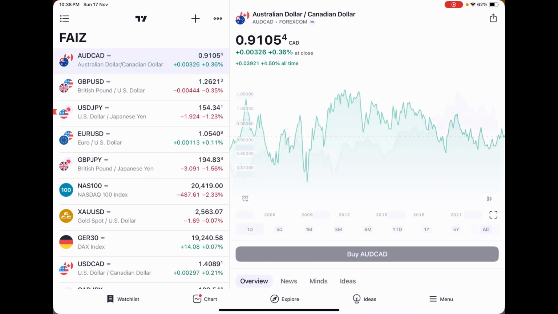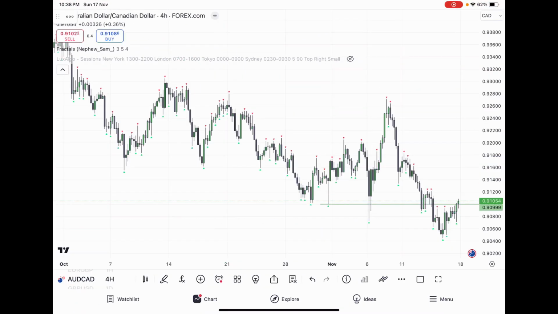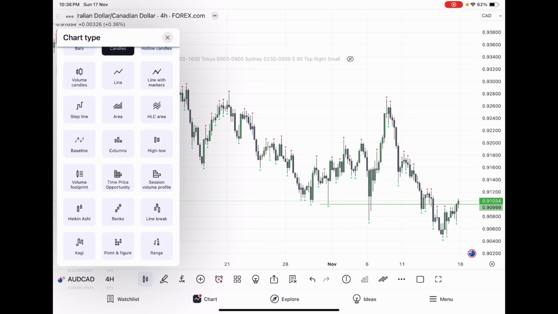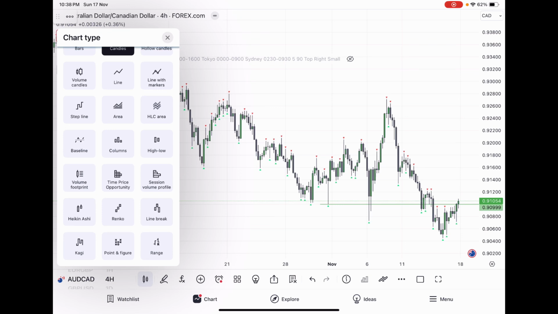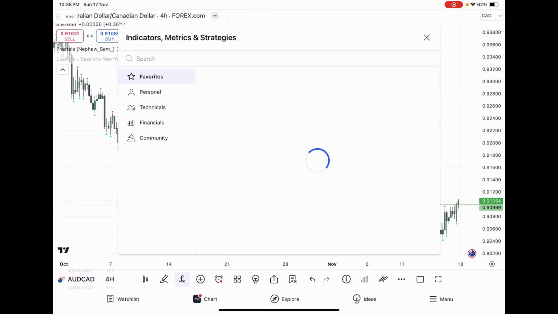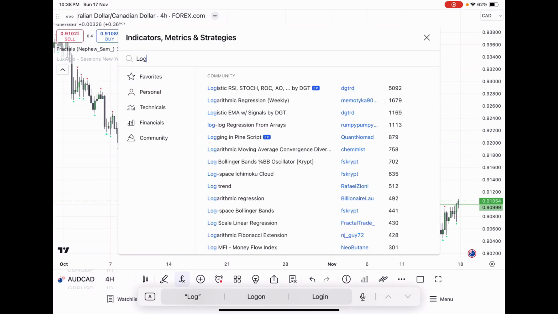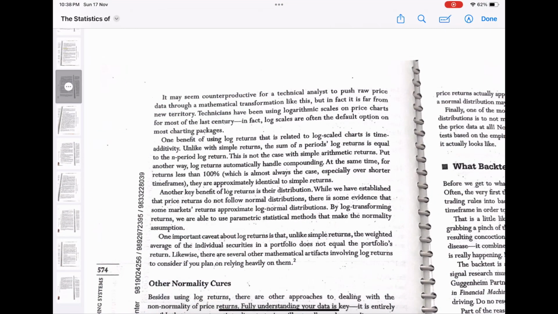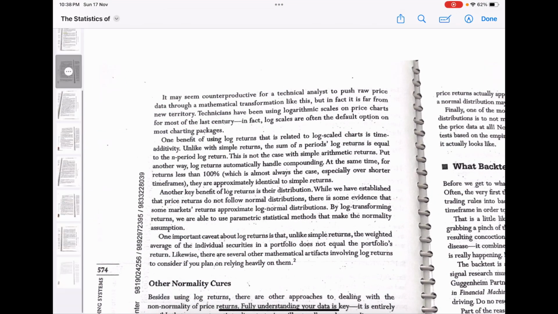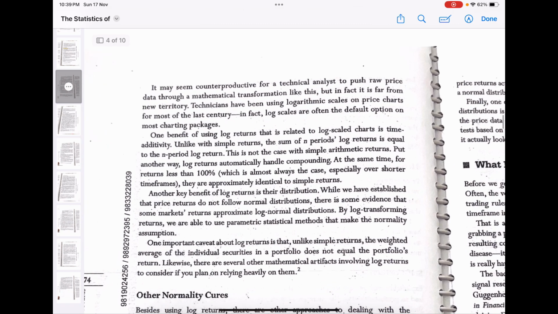Even on TradingView, we have a lot of logarithmic related indicators as well, because a lot of people use log data instead of raw data.